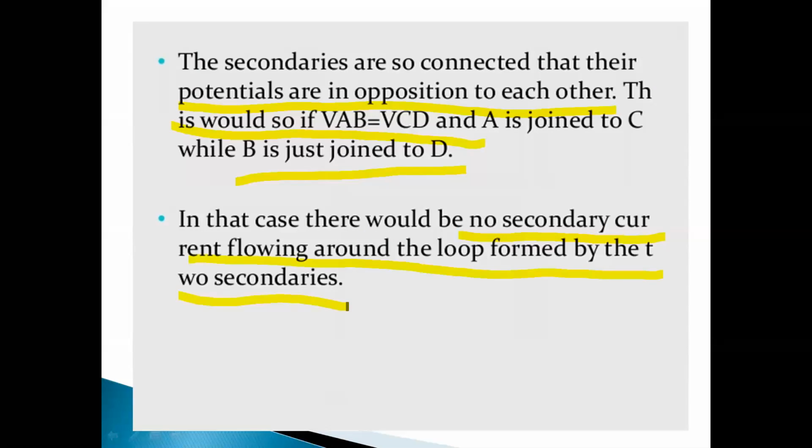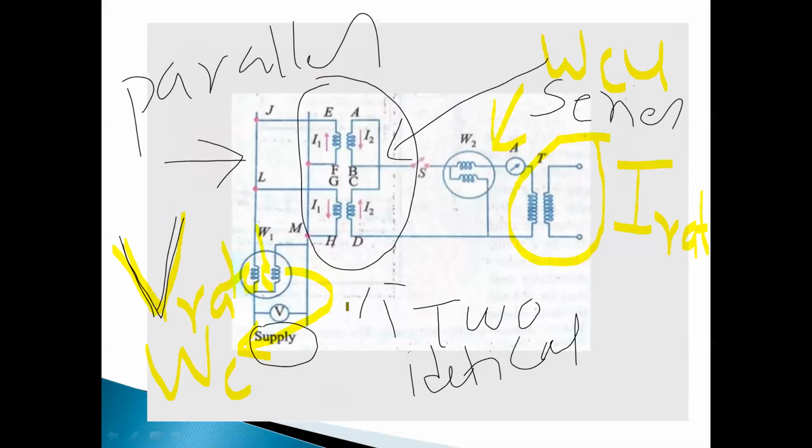With the help of the secondary source, we circulate the current in this loop. This is the short circuit test procedure we follow, and here the open circuit test procedure we follow.